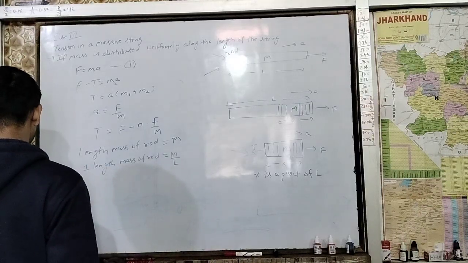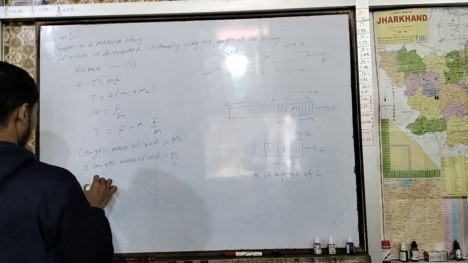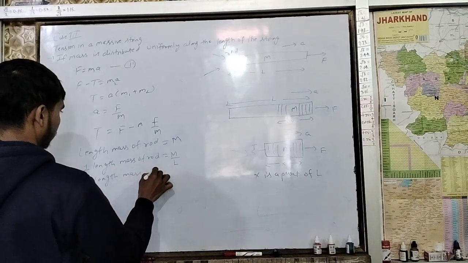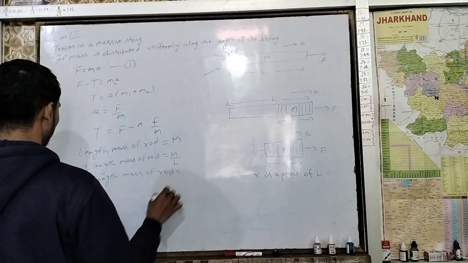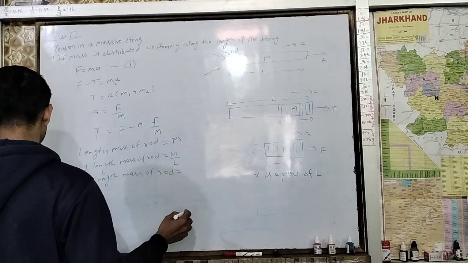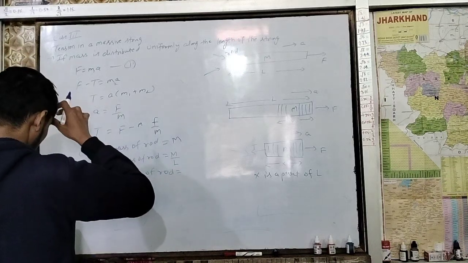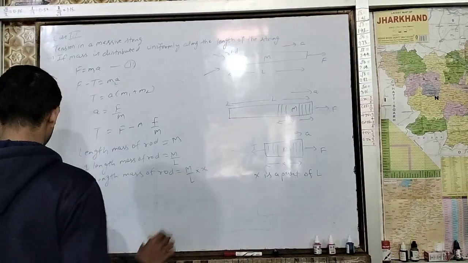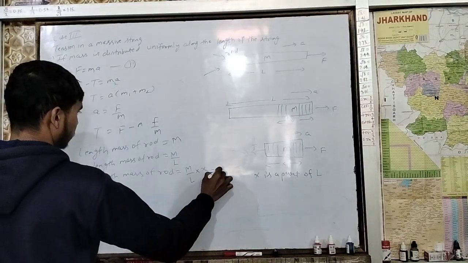M upon L. Okay. So for X length of the rod, to calculate it, we will multiply this X by M upon L. Clear? We will get our small m.